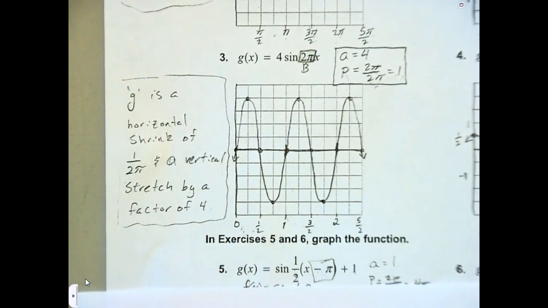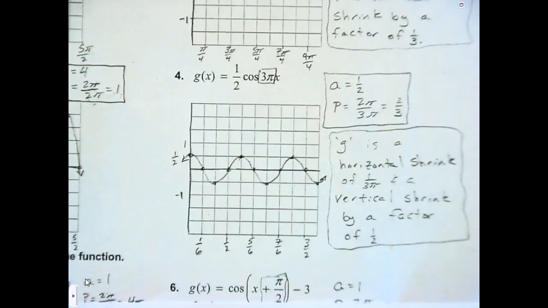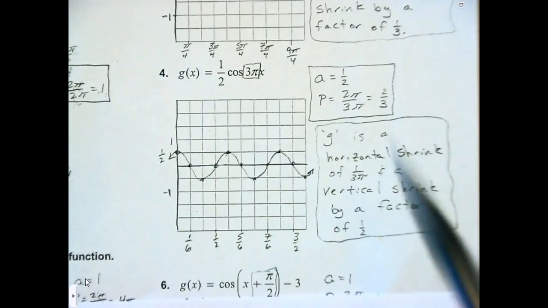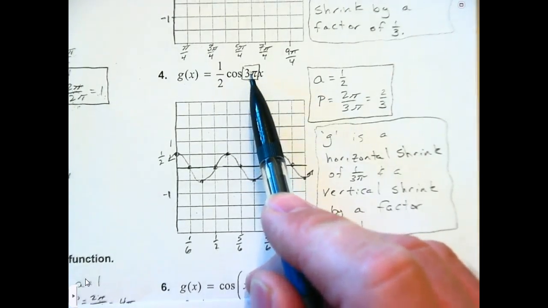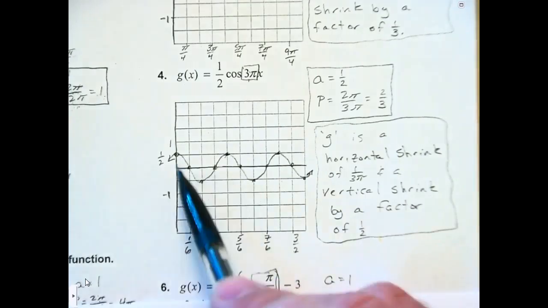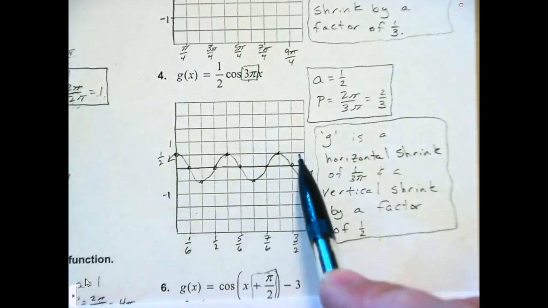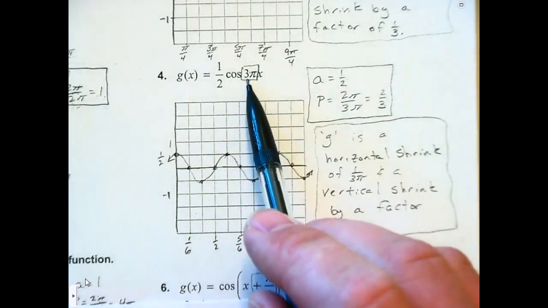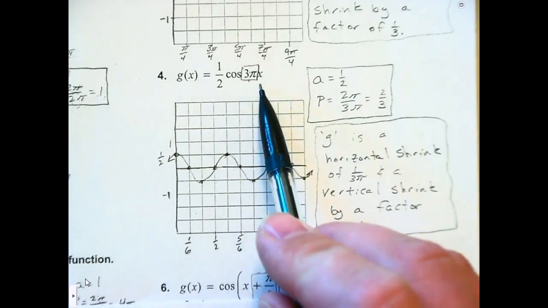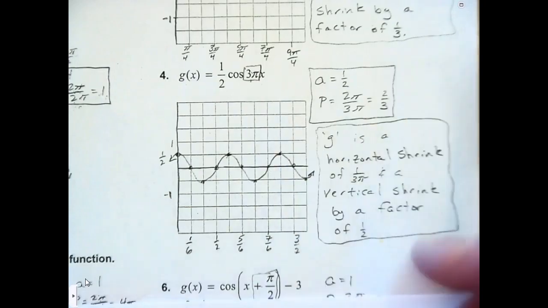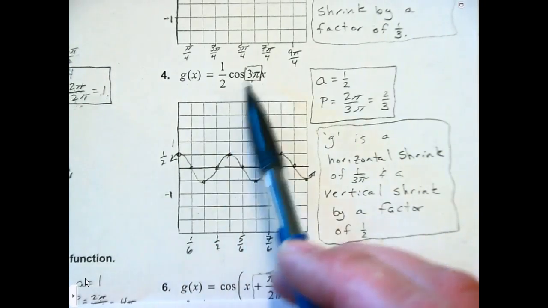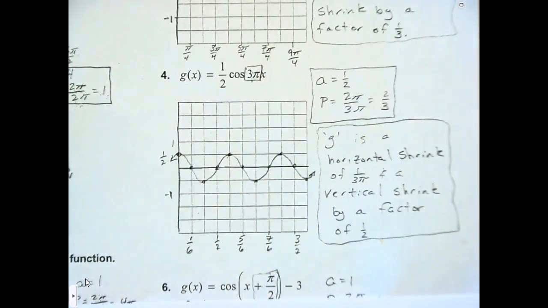The same thing is going to be the case on number 4. Number 4 is 3 pi. That means if we were to graph this from 0 to 2 pi, if there are 3 pi cycles of it, that's 3 times 3.14, or approximately 9.5 cycles.